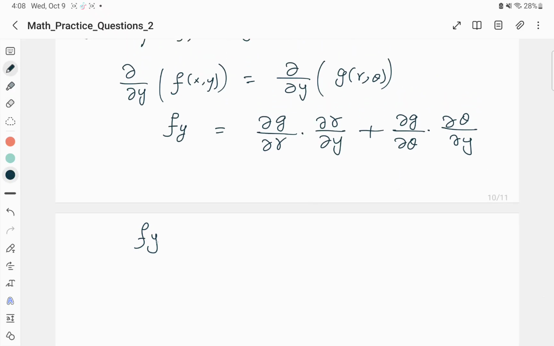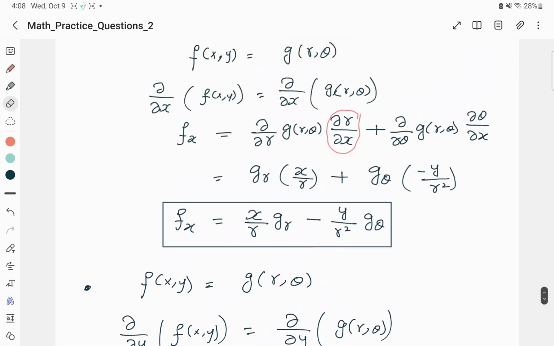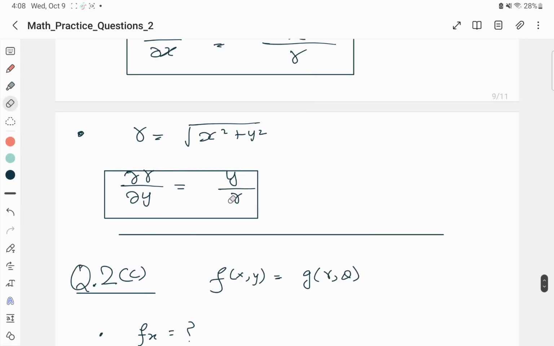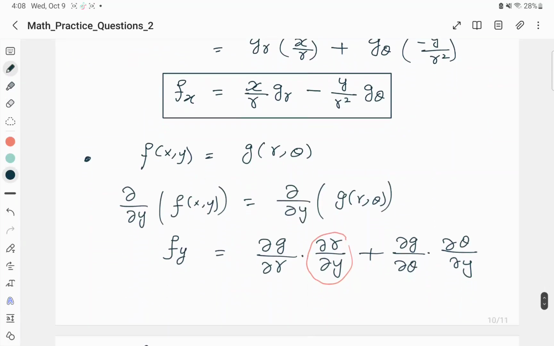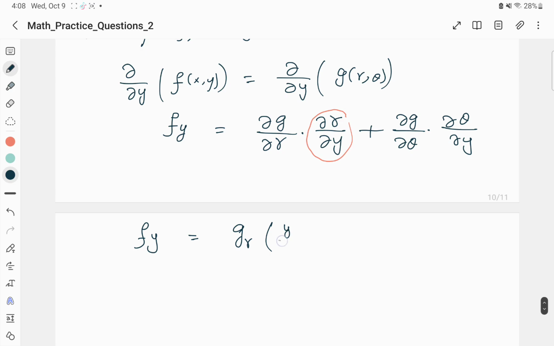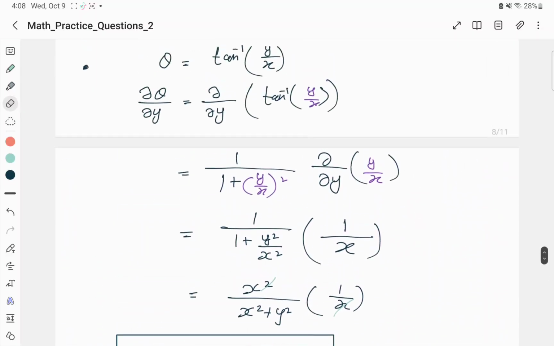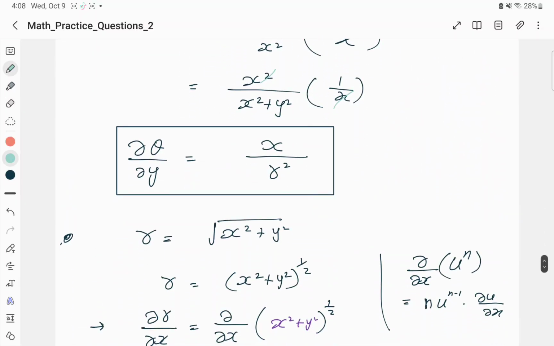So now we again plug the values. Fy is equal to this partial g over partial r. For convenience I will just rewrite this one as g_r. Now let's plug the value of this partial r over partial y. We have already calculated that partial r over partial y is basically y over r, and then plus this partial g over partial theta is rewritten as g_theta, and then the value of partial theta over partial y, which is x over r square.